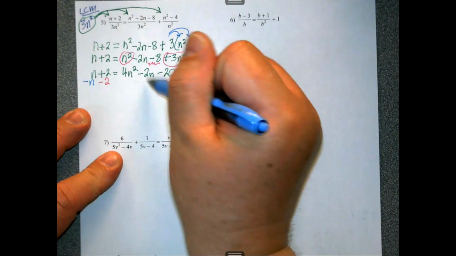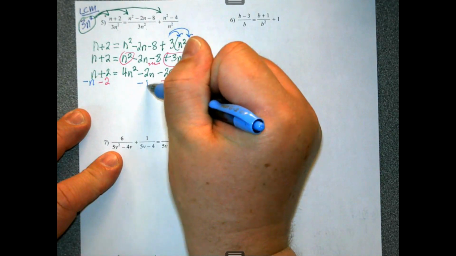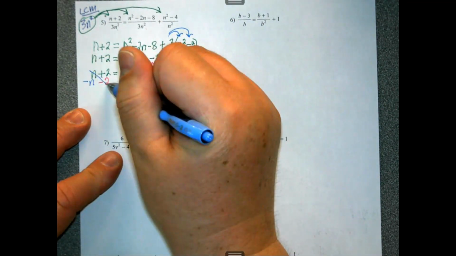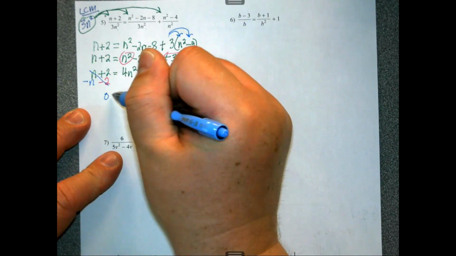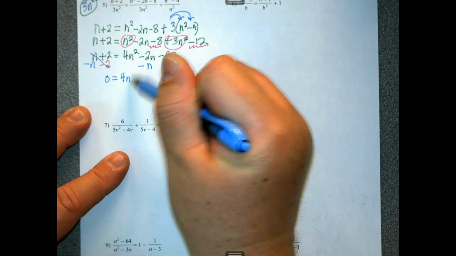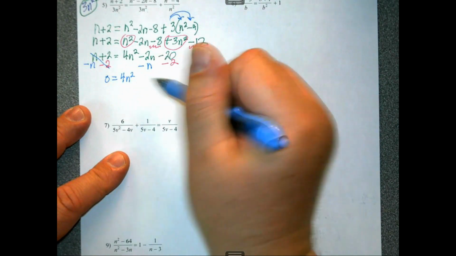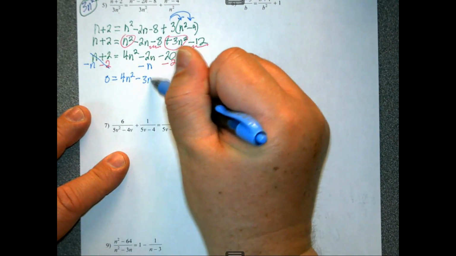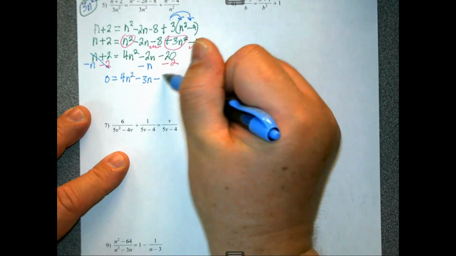Just keep these in line. So this gives me my 0. So I have 4n squared minus 3n minus 22.